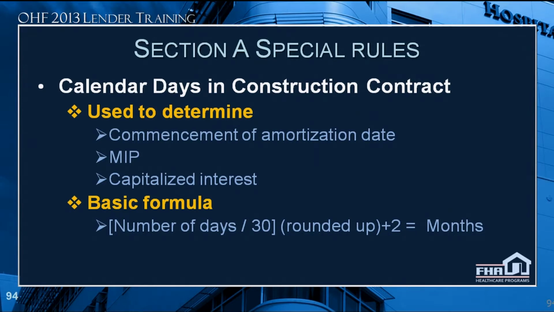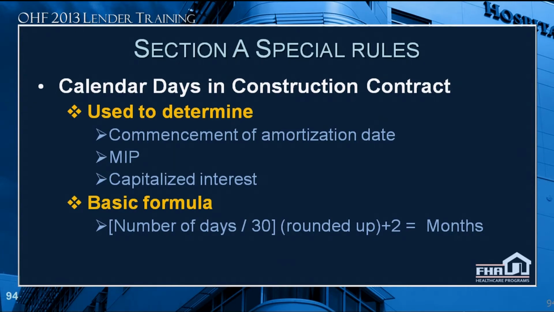So basically, the commencement of amortization date is going to be determined by the days in the construction contract. Now, when you first submit your application, you may not know those number of days, because until you've got the GMP, you may not have it. So you're just going to be guessing or estimating, in which case you're going to write in the box EST next to it. It's an estimate. That's all you can do.